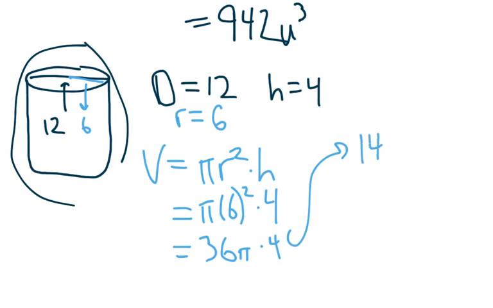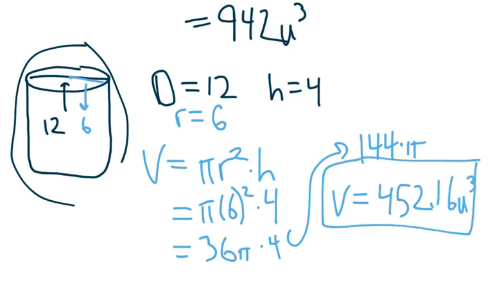So 144 times pi, using 3.14. Our final answer here, the volume is equal to 452.16 units cubed. And so that's how we use the formula to find the volume of a cylinder.